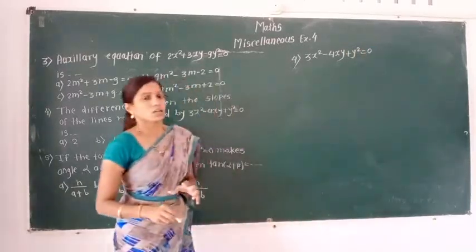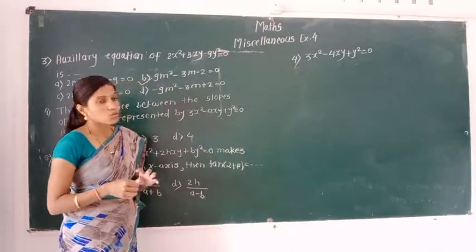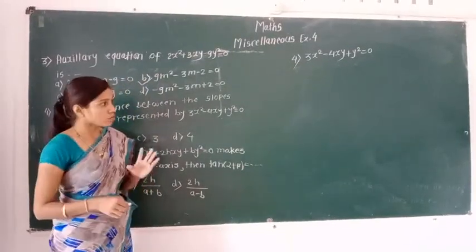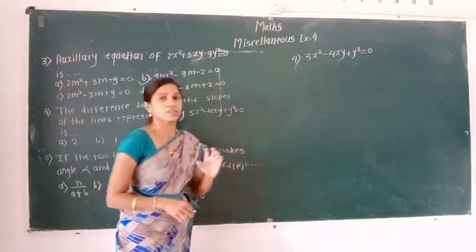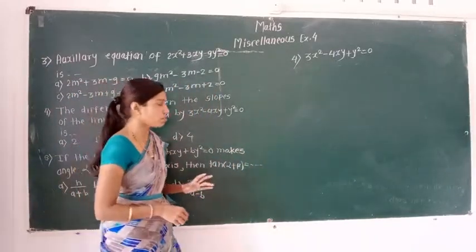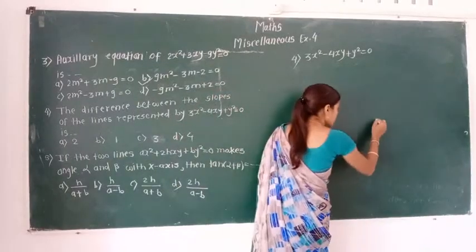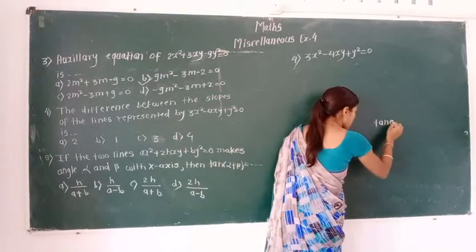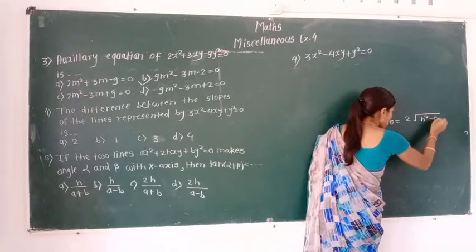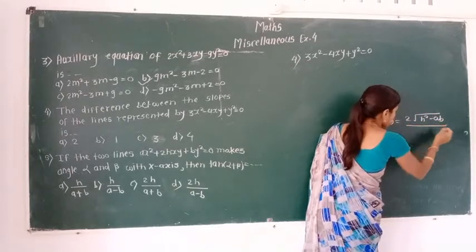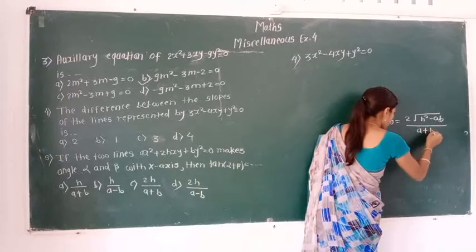Now see, we know the difference between slopes. We already learned in the theorem, theta is the angle between two lines. We have to find the angle: tan theta is equal to 2 root h square minus ab divided by a plus b.